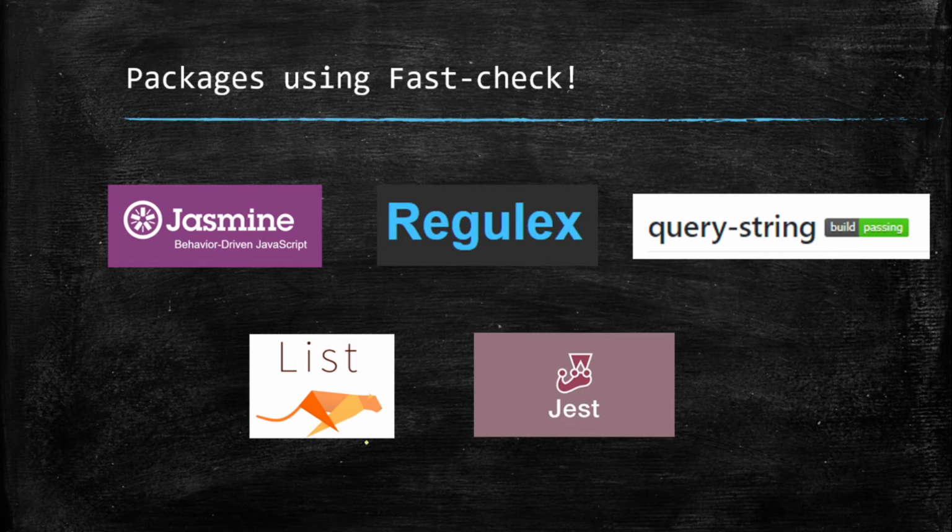List is like an immutable alternative to ArrayList. Query string is for parsing and formatting URLs, and Regulex is my favorite one. It has nothing to do with the subject, but it's very fancy. You can give a regular expression as an input, and it outputs a graphic with possible paths. It's so cool.